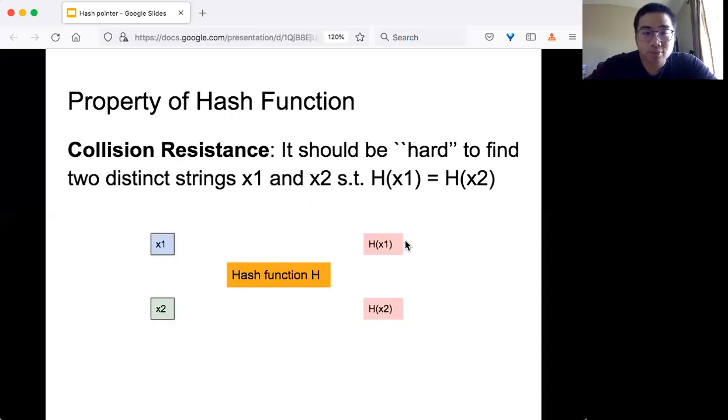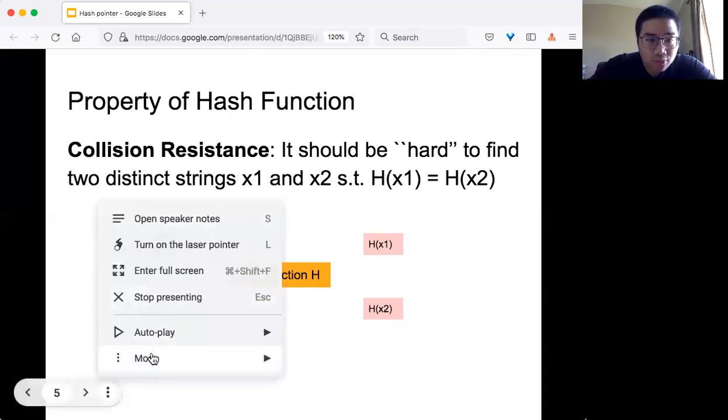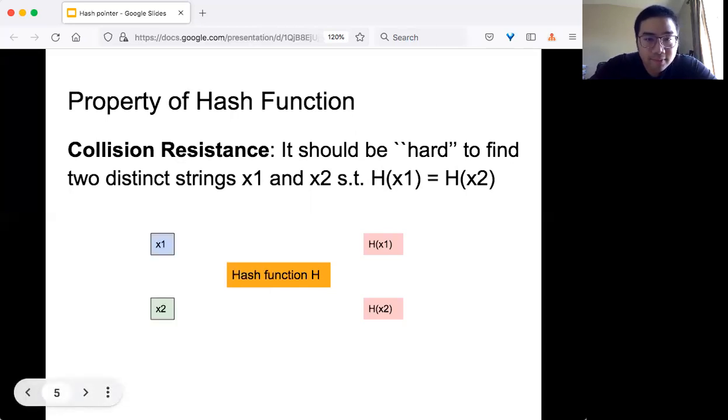For illustration, suppose we have two different strings, x1 and x2, with different colors, and we are using the same hash function h here, but somehow they produce the same output with the same color, h(x1) equals h(x2). Then this h is not collision resistant.